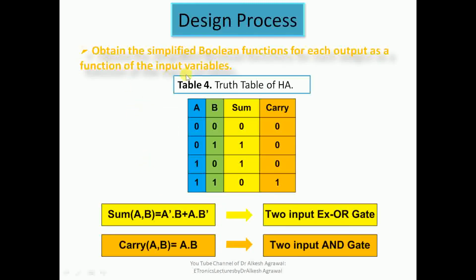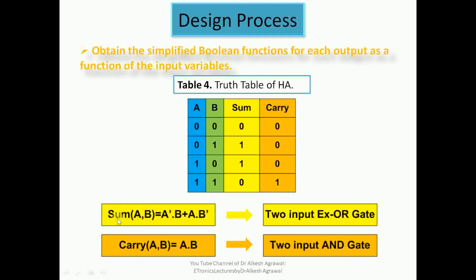now we have to obtain a simplified Boolean function for each output as a function of the input variables. So for sum, we have output 1 for the combination A bar and B, and the output sum is 1 for the combination A and B bar.